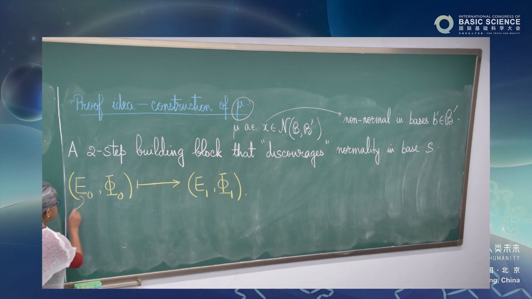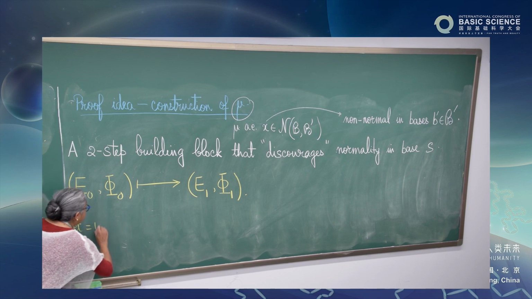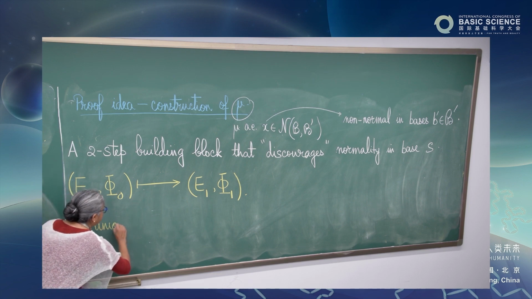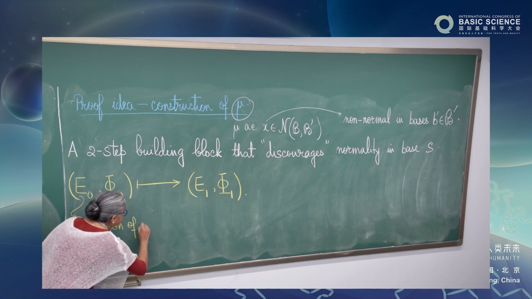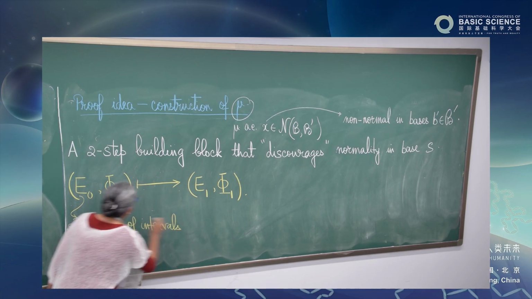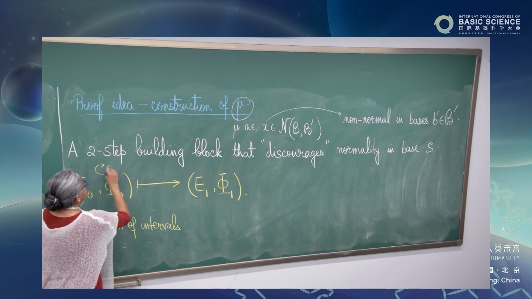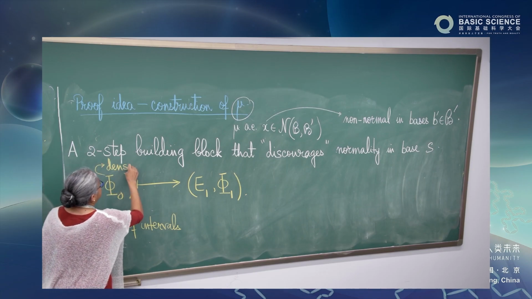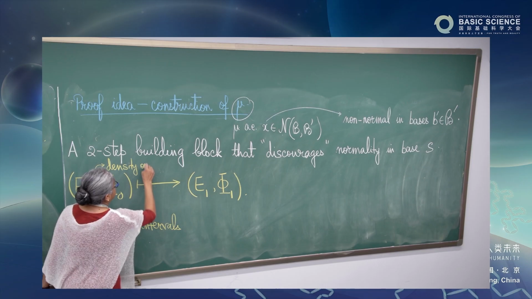So what is E0? E0 is a set which is actually a union of intervals, and phi 0 is a probability density function on E0.